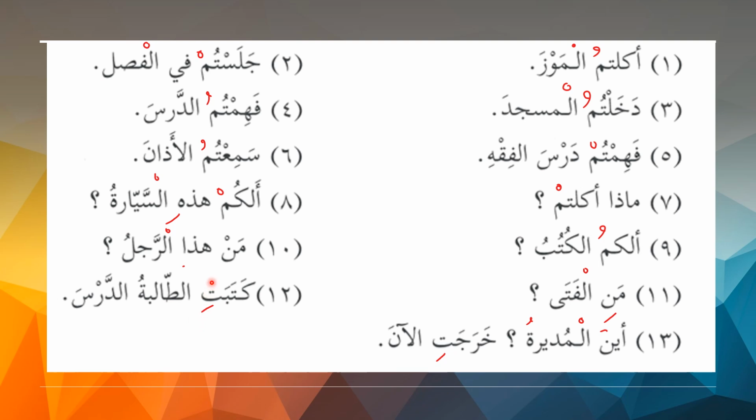Here the sukoon of the ta tanis is removed and a kasra is given, and this kasra goes directly to ta because for letters with shadda, you will cancel the lam also along with the hamzatul wasl. These are all reading rules. "Ainal mudiratu kharajatil al-ana". So now it's clear how you're going to read. If there is a ta tanis, you need to put a kasra, and if there is the male plural damir, you need to put a dhamma over the meme and remove the sukoon.